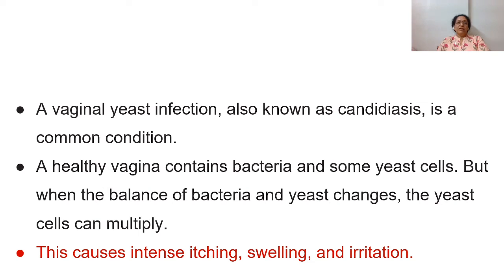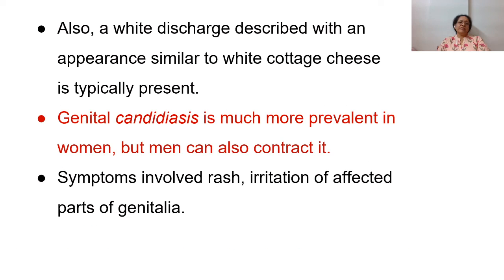If you observe by various types of scopies, there is erythema, reddening, as well as edema, that is swelling. And that white colored discharge having a yeasty odor is the characteristic symptom of candidiasis.